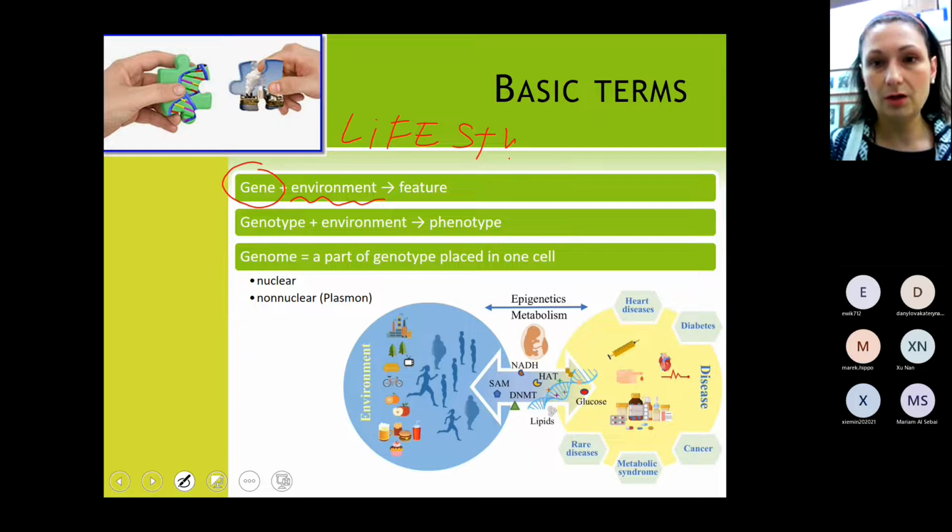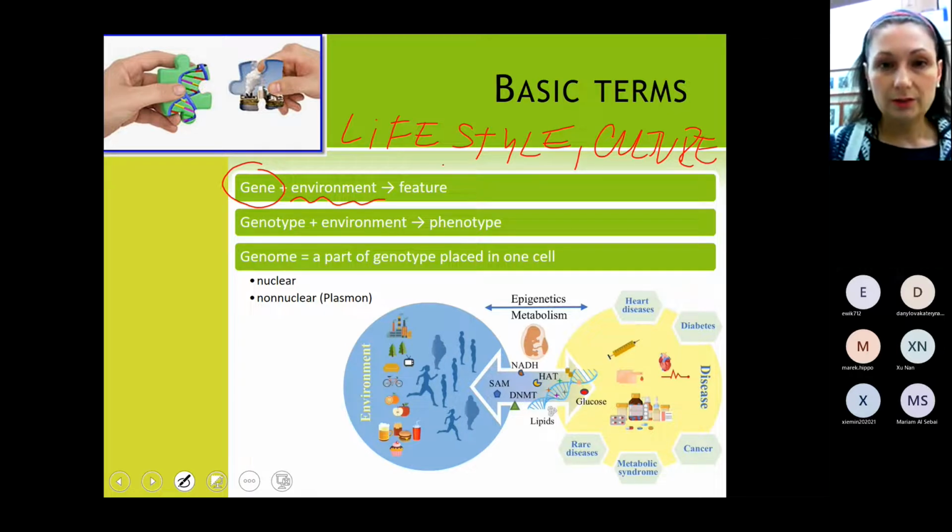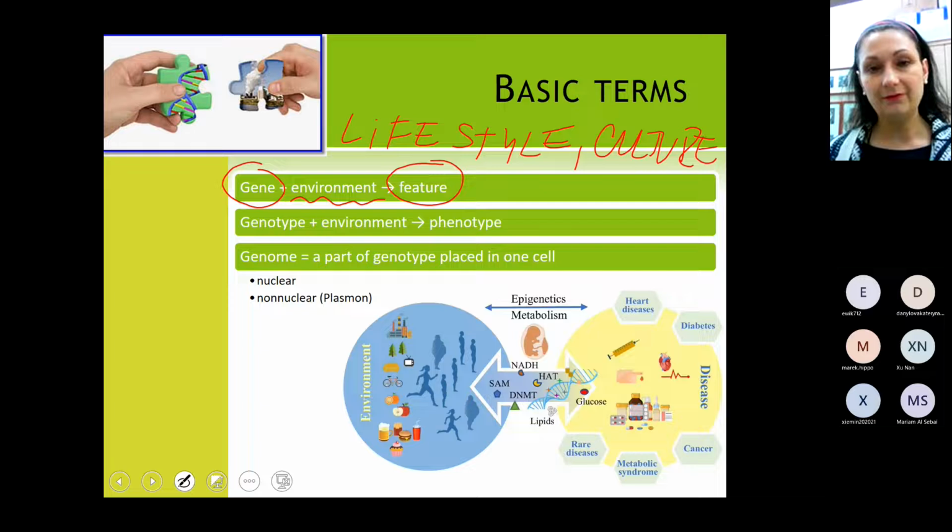It's also the culture and so on. And the result is the final feature, how we look like, how one gene is cooked. Its feature, it might be a protein.